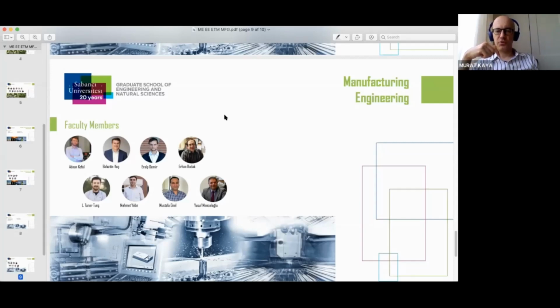In general, we don't reject people directly because of their undergrad's degree. We take it as a whole. I mean, is there a connection between the career goals of the applicant, his or her background, educational or experience background, and our program?